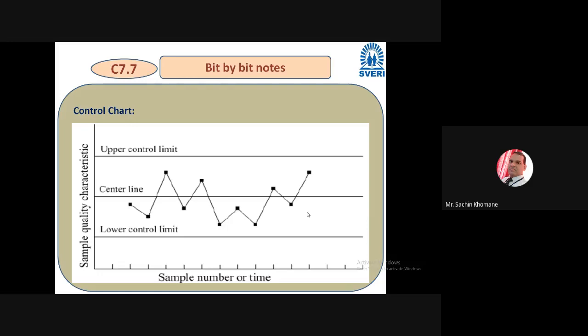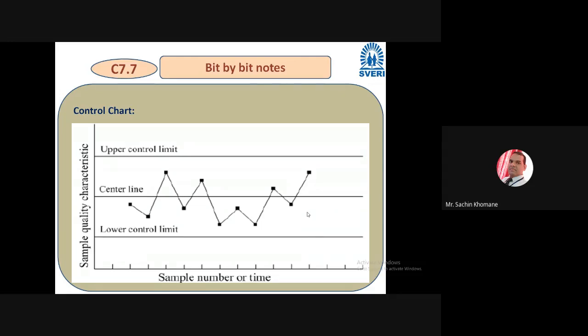As time passes, due to the chemical reaction in a chemical reactor, what is the effect on the concentration over the period of time? As time increases, whether concentration is increasing, decreasing, or varying, you can represent that kind of thing, and this is very useful to monitor continuously.